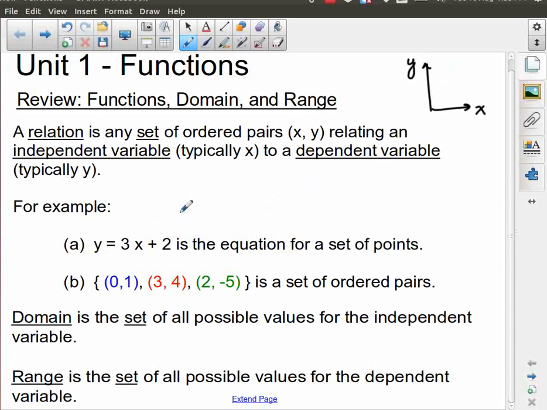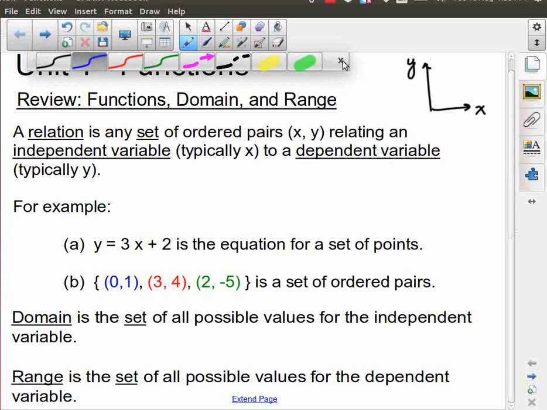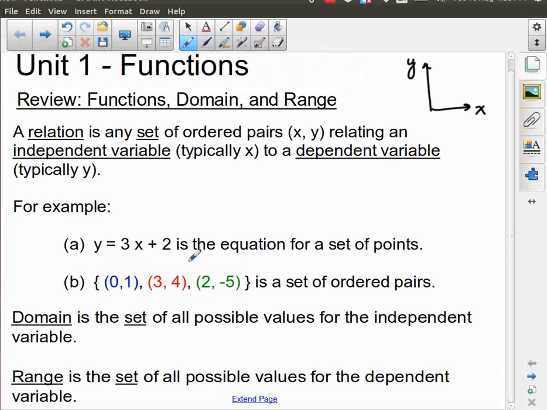Now, an equation is normally how we first learn about sets. We represent our sets using equation notation. So here we have a relation. This is saying that there is a relationship between y and x.